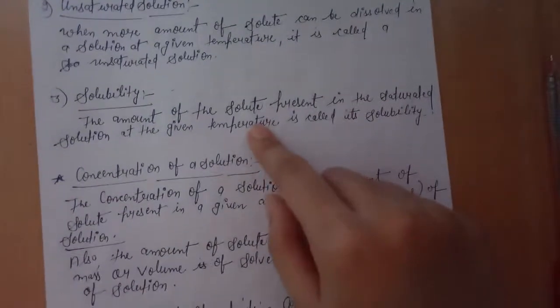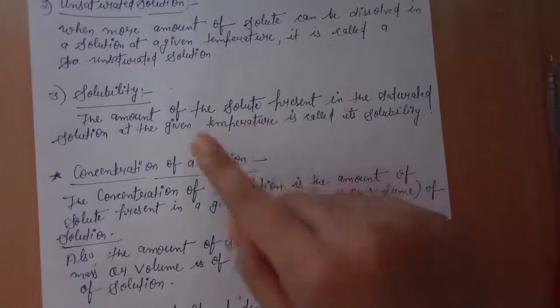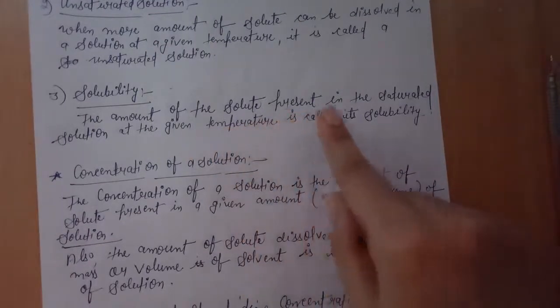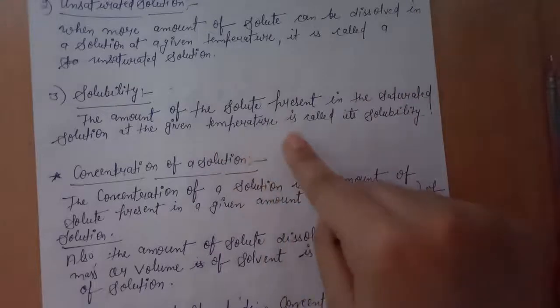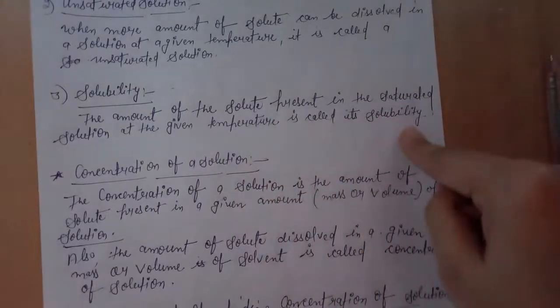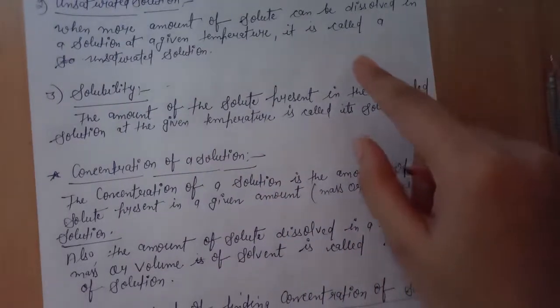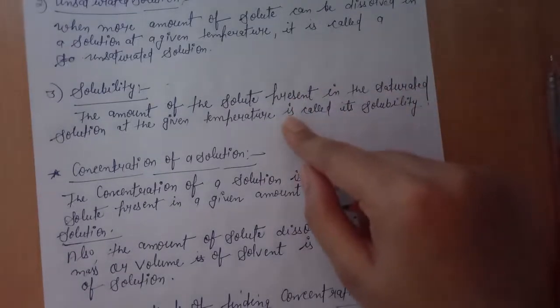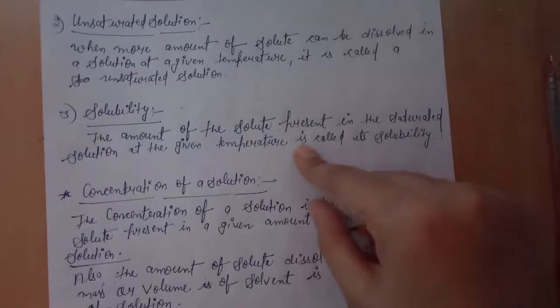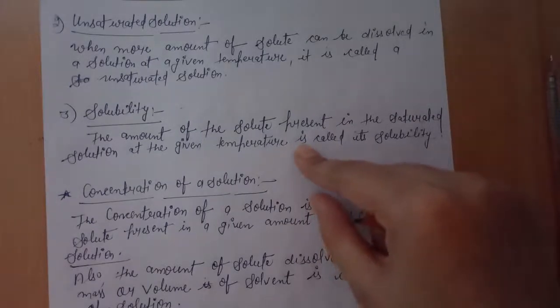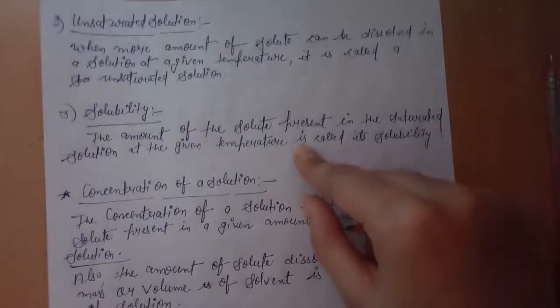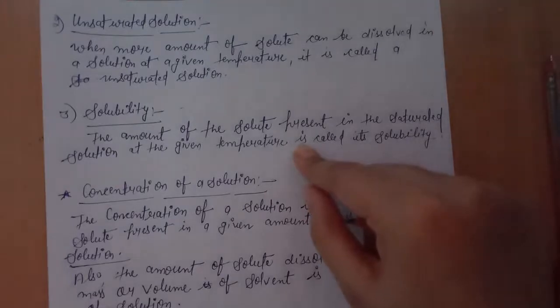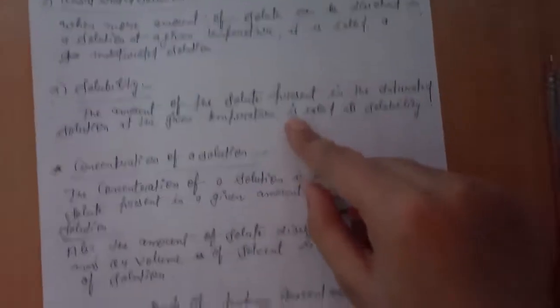Next is solubility. The amount of solute present in the saturated solution at the given temperature is called its solubility. So saturated, unsaturated solution and solubility are the terms that tell about the concentration of a solution.